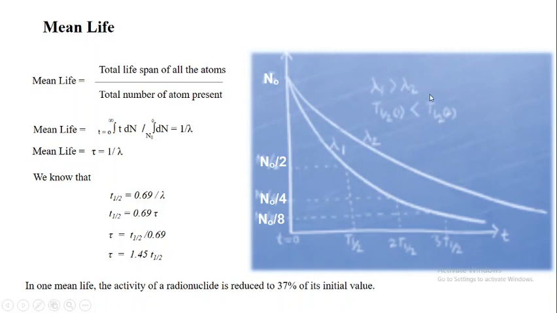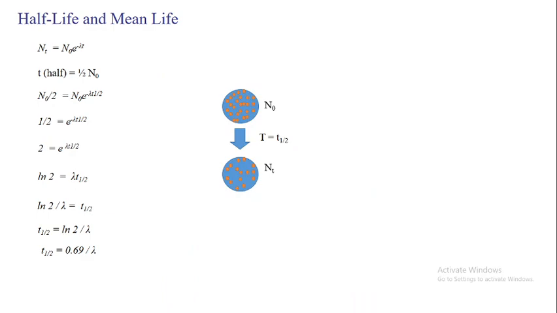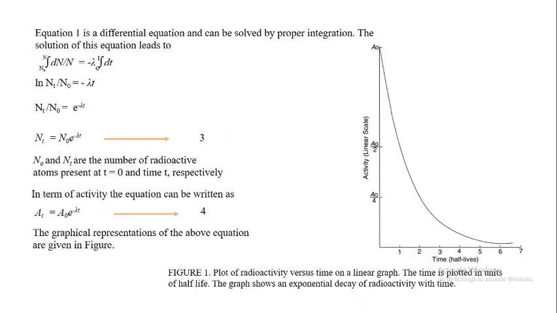If the decay constant is greater, that radionuclide will show a shorter half-life. As we studied earlier, go to the previous slide.